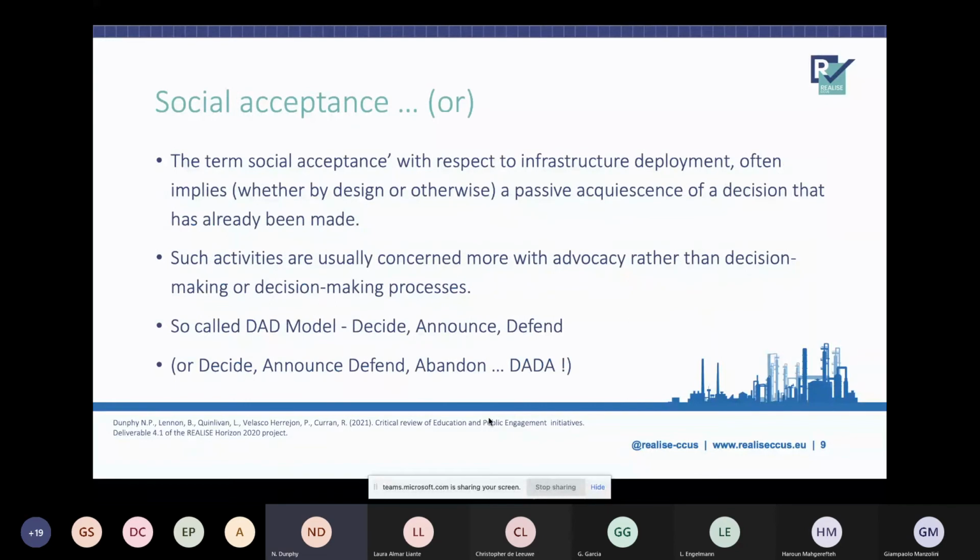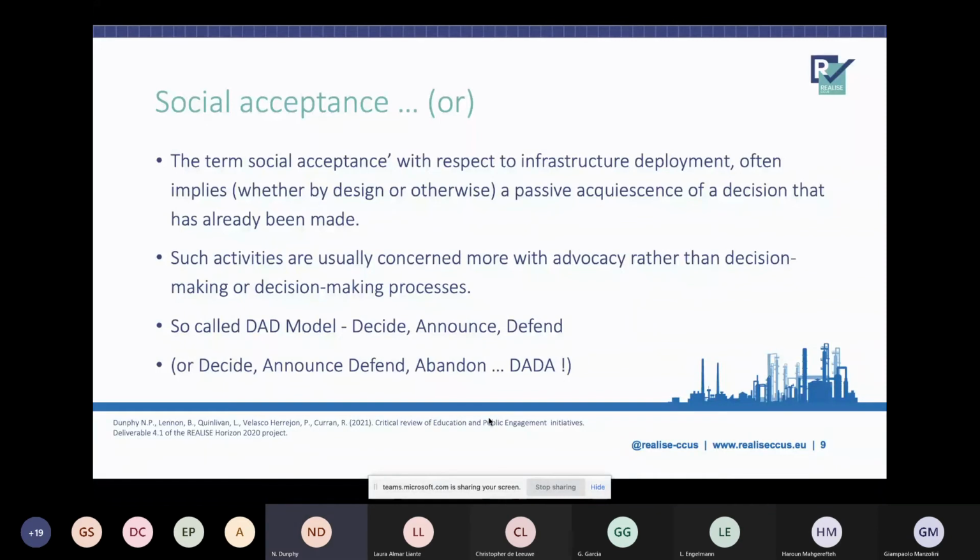The term social acceptance, with respect to infrastructure deployment, often implies, whether by design or otherwise, a passive acquiescence of a decision that has already been made. Such activities are usually concerned more with advocacy, about persuading people to accept. We know best. In the words of one of the questioners earlier, it's a no-brainer.